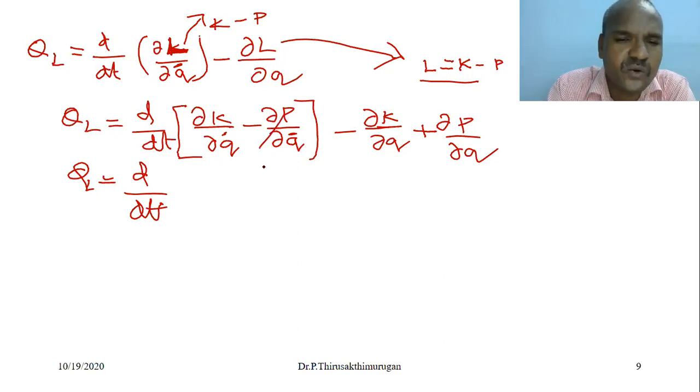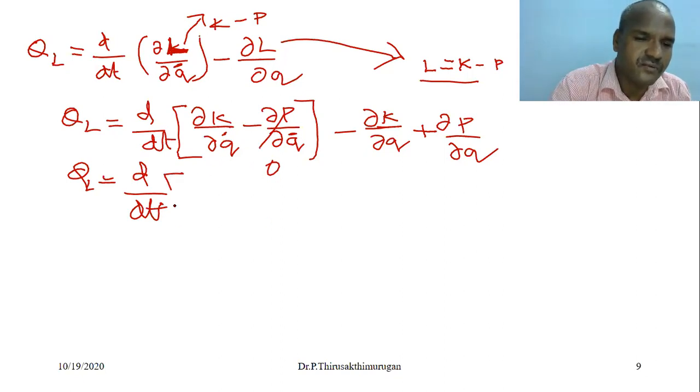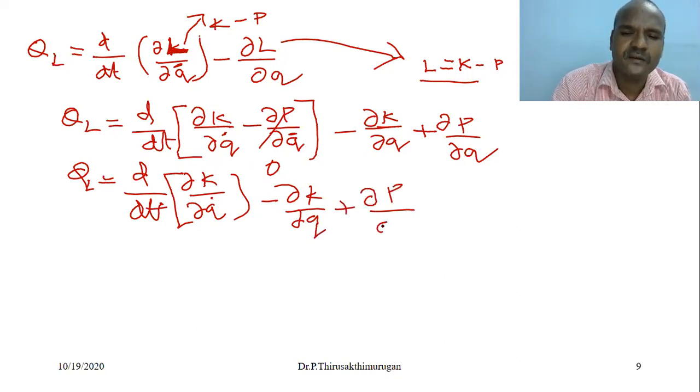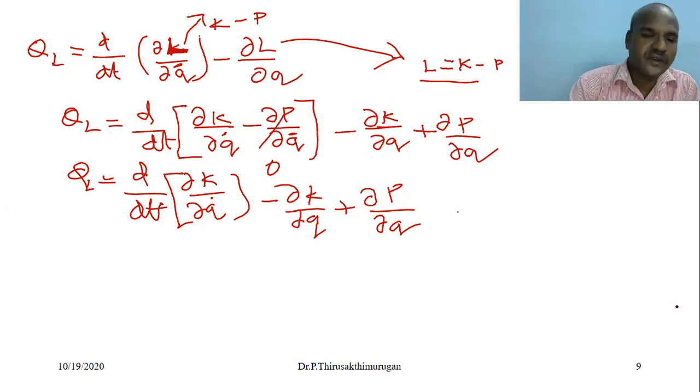This becomes 0. So d by dt of dou K by dou Q dot minus dou K by dou Q plus dou P by dou Q. Okay, this is the dynamic equation.